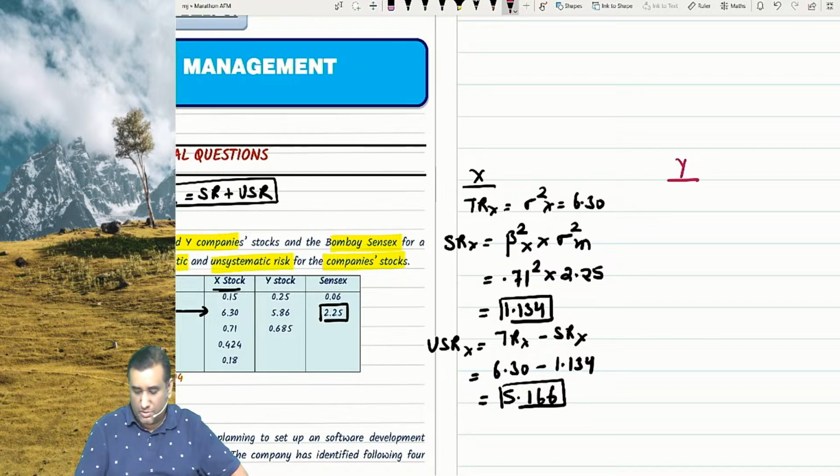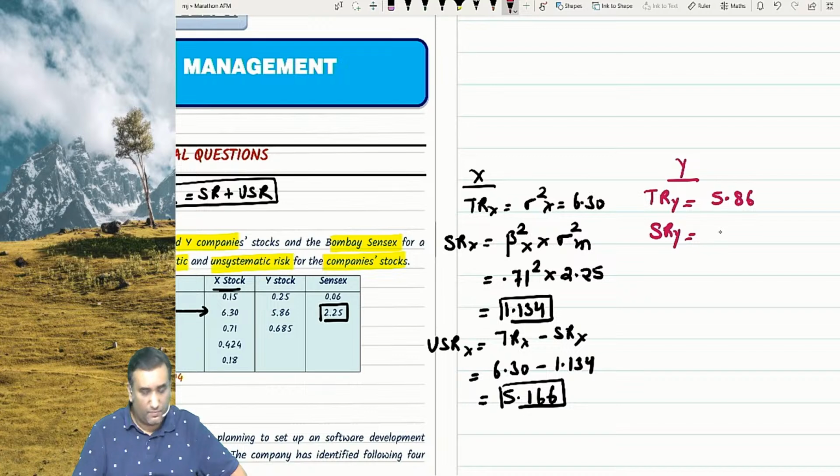Total risk of Y is available to you. Risk of Y would be the standard deviation square of Y, 0.5 or 2.